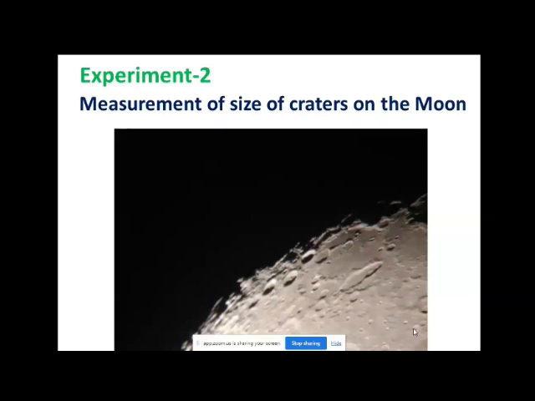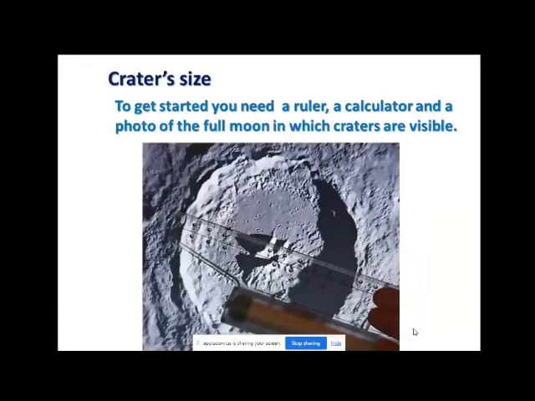If you have a small telescope and you are passionate about capturing photos of the moon, just like this, not too clear or too magnified, then you can measure the size of a crater, meaning diameter or length, height. You just need a ruler. Everyone has a ruler and a photo of the moon.